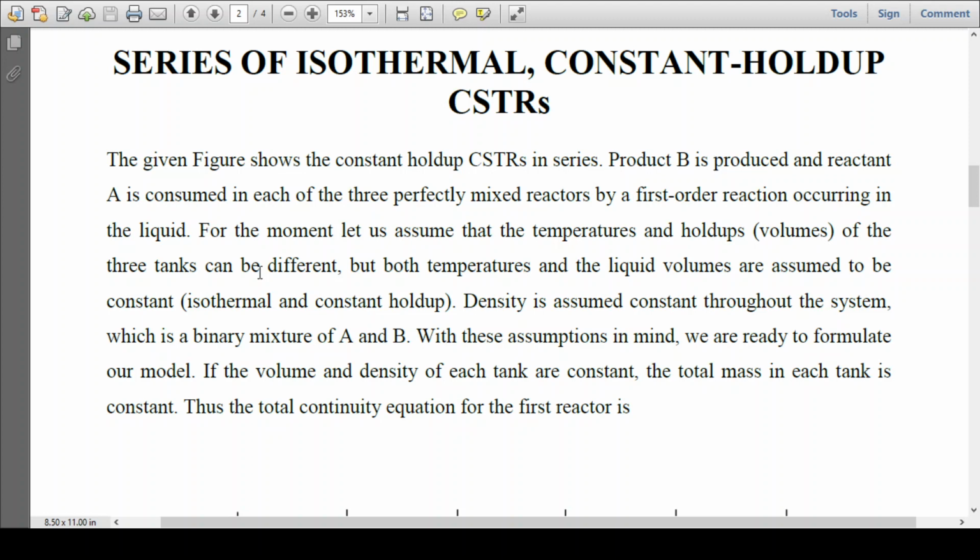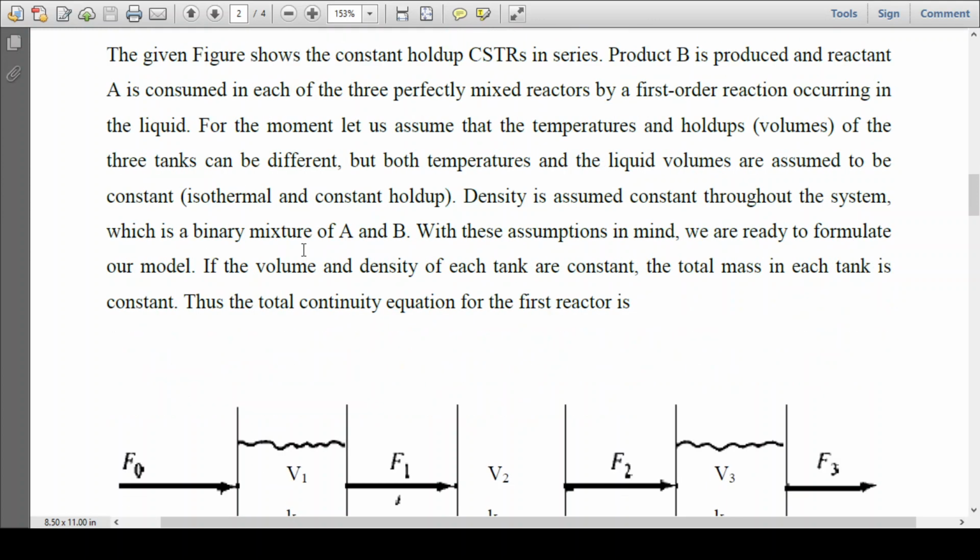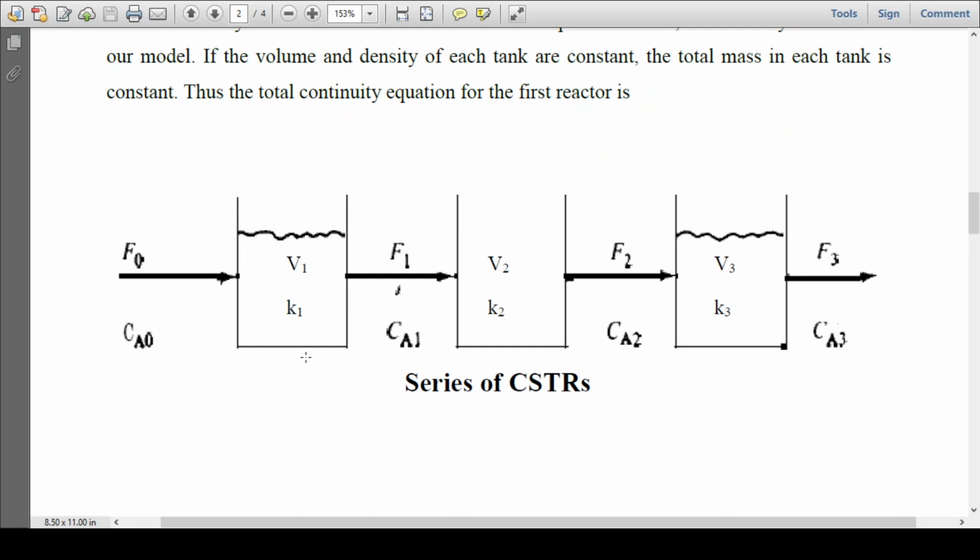Density is also considered to be constant throughout the system. Here, if we see the series of CSTR reactors, it looks like this. A feed is being charged with flow rate F0 and concentration CA0, with volume of the first reactor V1 and rate constant K1.